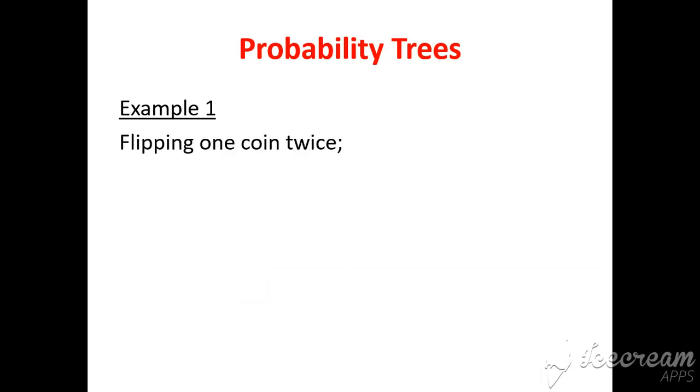Right, let's get into the first of two examples. Instead of flipping a coin once, let's draw a probability tree for flipping a coin twice. Well, here's what the tree would look like for the first flip. We could either get a head or a tail. That's the first flip.